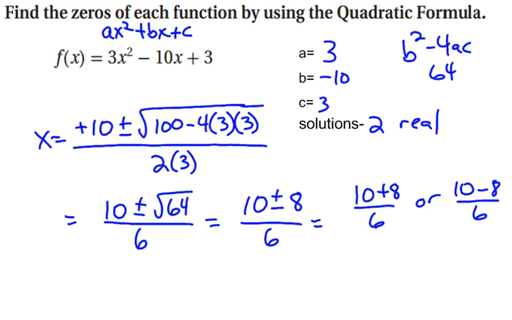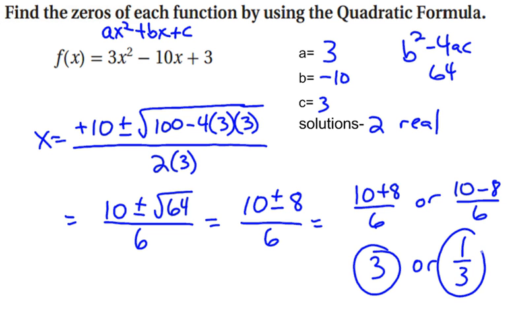Simplify each of those. 10 plus 8 is 18, divided by 6 is 3. So we get 3, or 10 minus 8, which is 2, 2 over 6, which is 1/3. So those are our two real roots, 3 or 1/3. So those are the places that that graph would cross the x-axis.